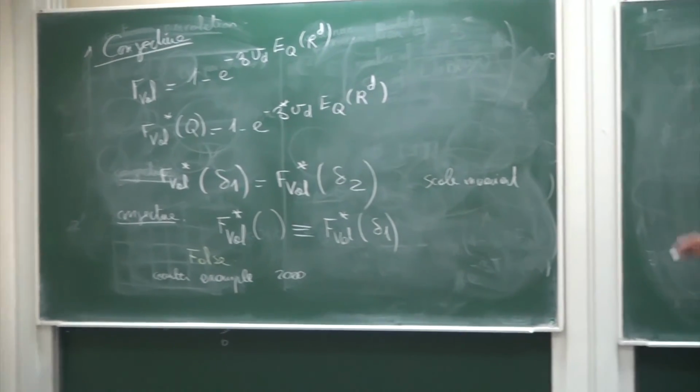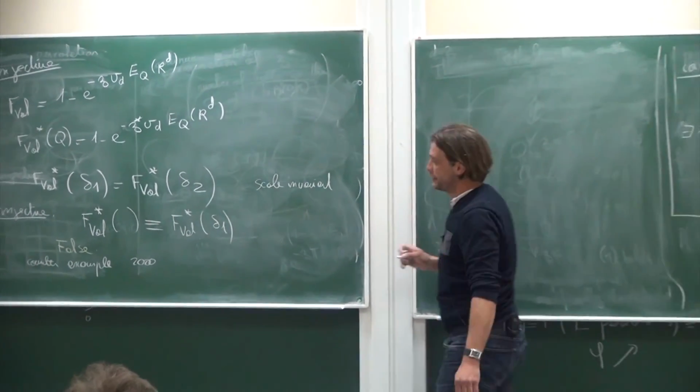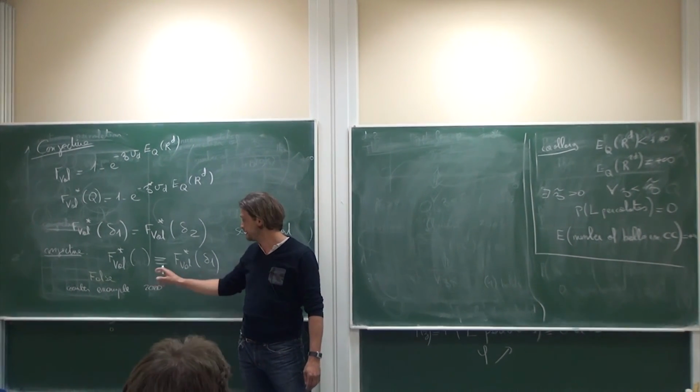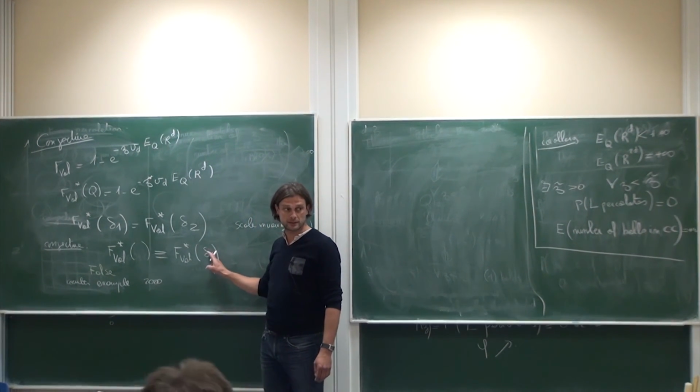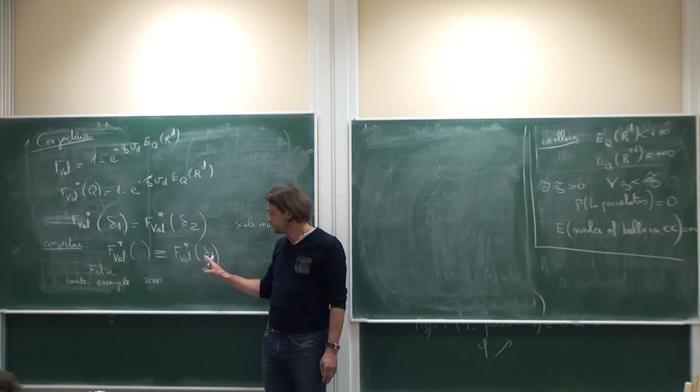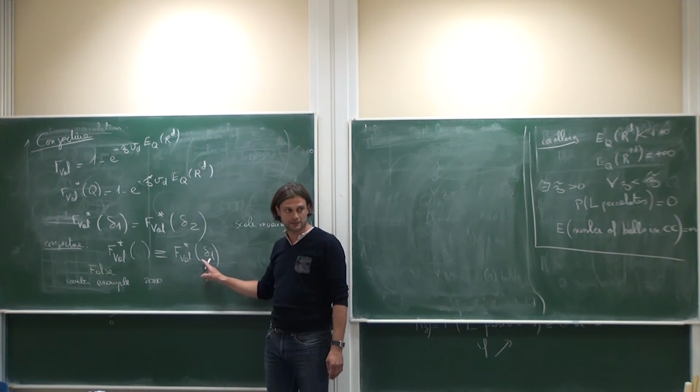The second conjecture is, okay. It seems that the counterexample doesn't give something which is bigger than this one. And all the examples and simulations seem to show that this one is the smaller one.